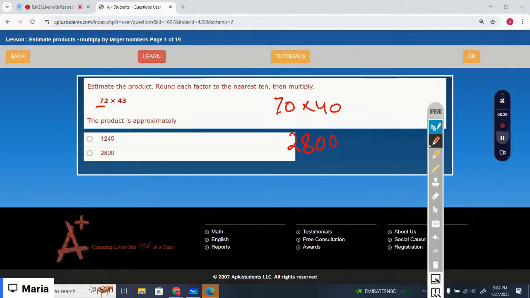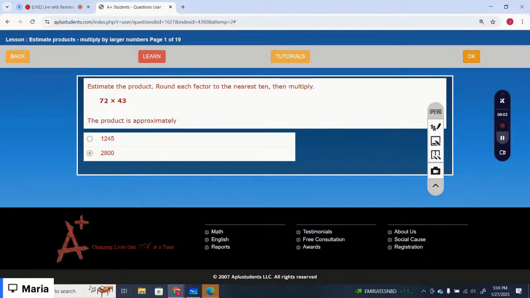Got it? That is 2800. Option number 2 is the correct option. The next one is 87 times 43.